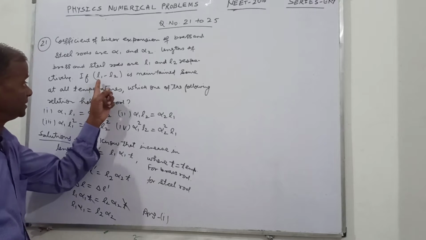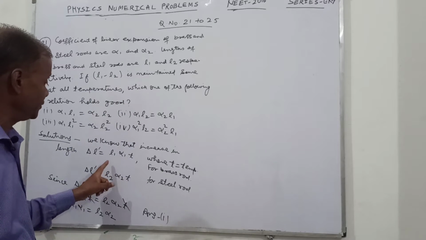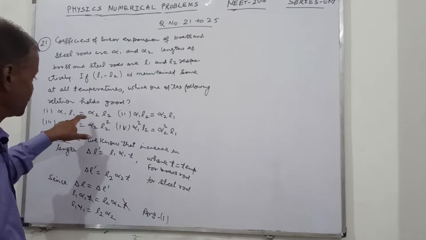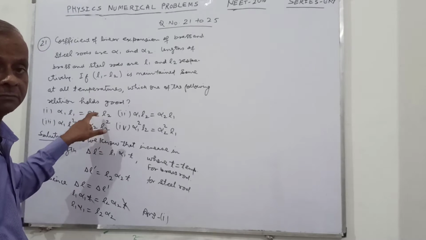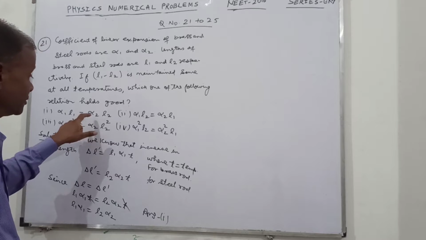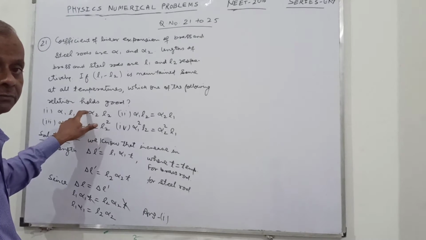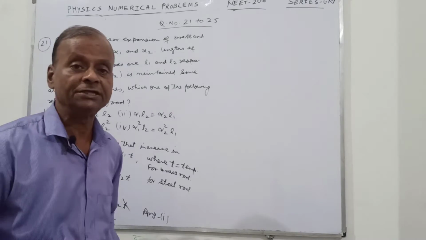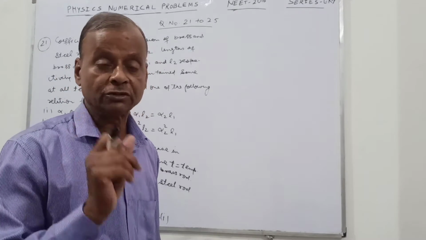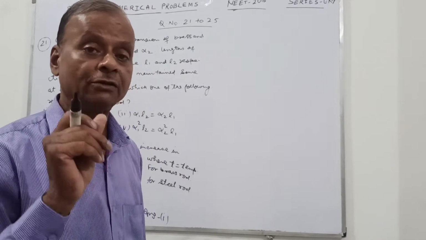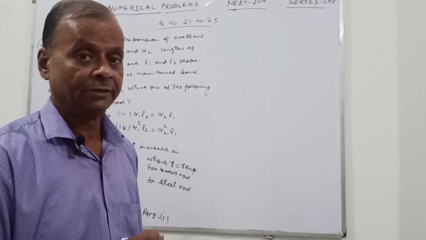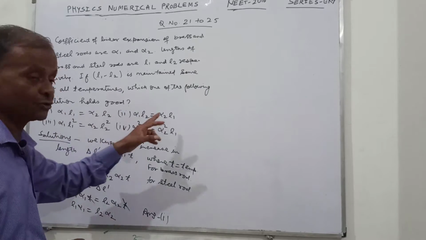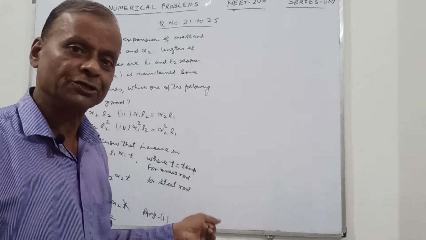But if we solve according to the question as given, you cannot get this answer. Here the language must be that if the increase in length of both the rods is constant at all temperatures, then which of the following relations holds good?